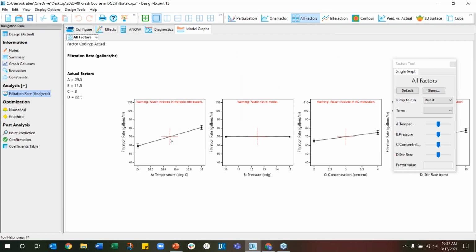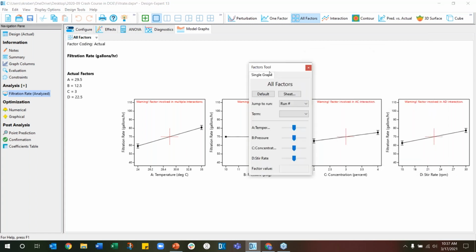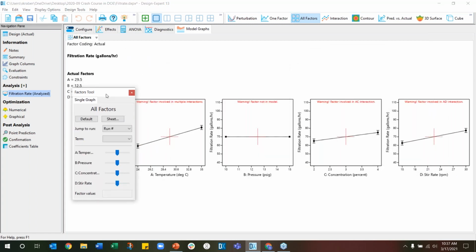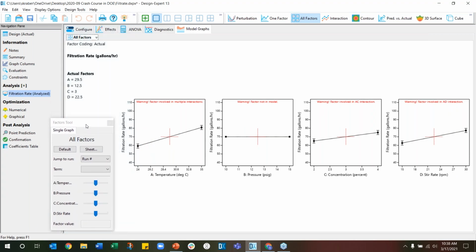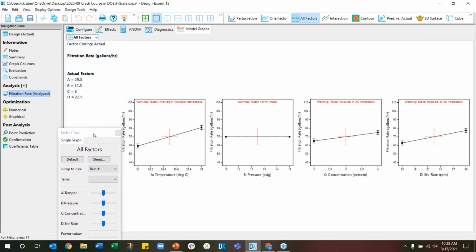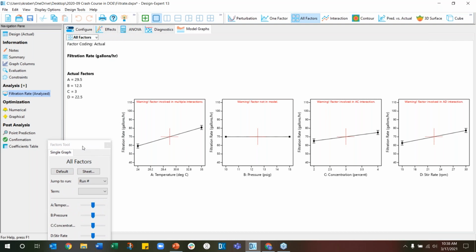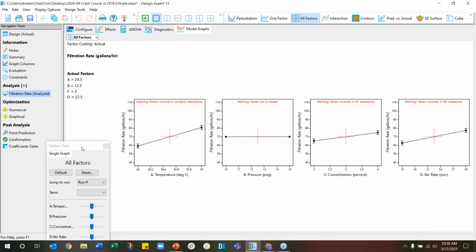So here's the one-factor graph of A. Overall, as you increase temperature, you increase the filtration rate. B was not statistically significant. C, again, has an upward trend, and also D. But if you notice, each of them has a warning.